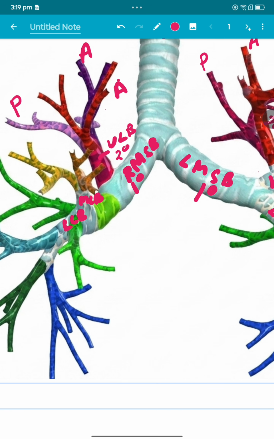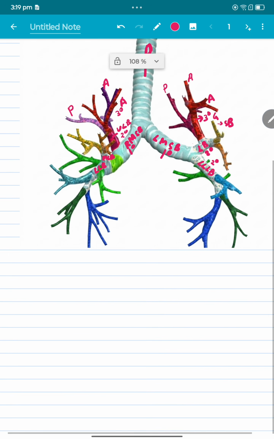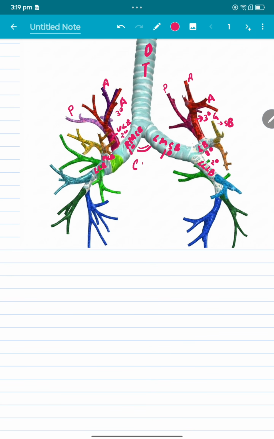These segmental bronchi are third generation. At the bifurcation of the right and left main bronchus, we have the carina.